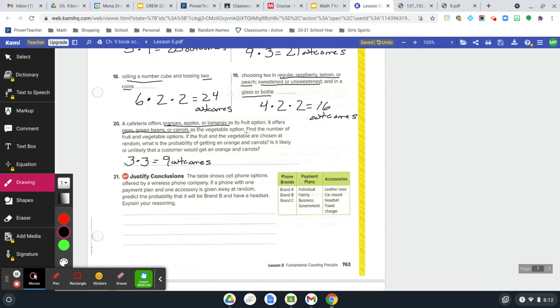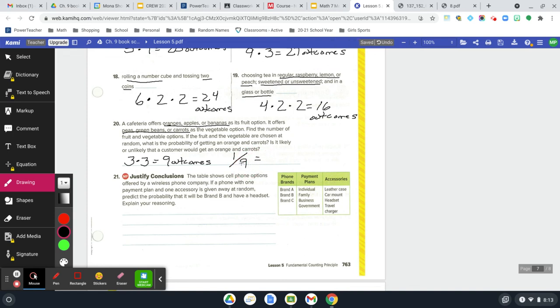Then it says, find the number, oh, we just did that. So if the fruit and vegetable are chosen at random, what is the probability of getting an orange and carrots? And is it likely or unlikely that a customer would get orange and carrots? So there's only going to be one combination of orange and carrots, one out of the 9 possible combinations there are.